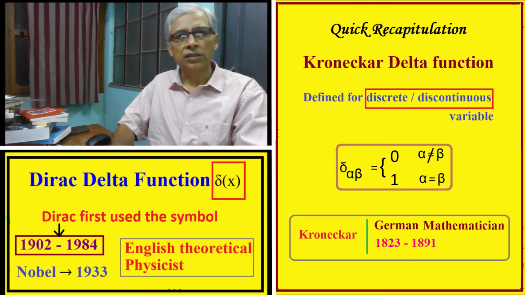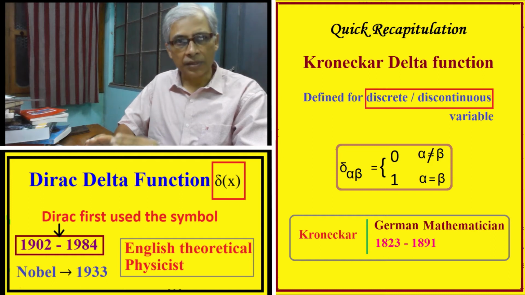In contrast, Dirac delta is defined for continuous variable, and in the left slide, the x you see takes on continuous values and not values in steps like that assumed by alpha and beta. So, in Dirac delta case, the variable is not choosy but assumes all the x values.